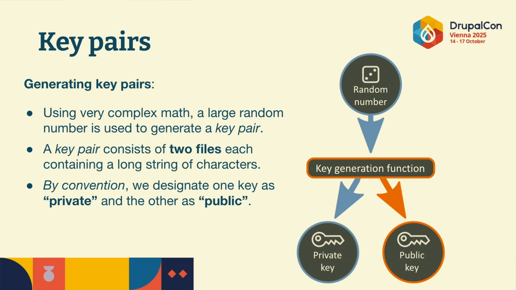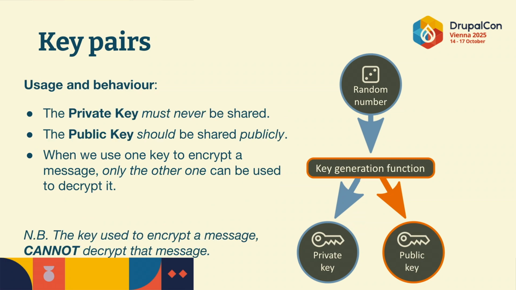Then by convention, we call one of those keys private, and we try to keep it as secret as possible, and the other one public, and it acts kind of like an address for us, and we can share it. As I mentioned, the private key has to be kept secret. It has to be private to you because it's the thing that grants you access to the mailbox in this metaphor, right? The public key is the equivalent of your address and something that you want to share broadly.